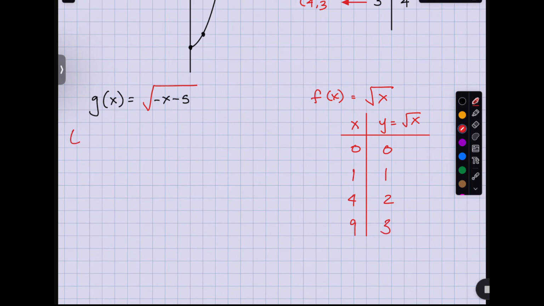So I got 0, 0, 1, 1, 4, 2, and 9, 3. And you'll find out really quick, if you did 1, 2, 3, you're like, oh crap, I got square root of 2. All right, let me change that number. So number one thing was to find the parent function, find 4 points from the parent function, right?